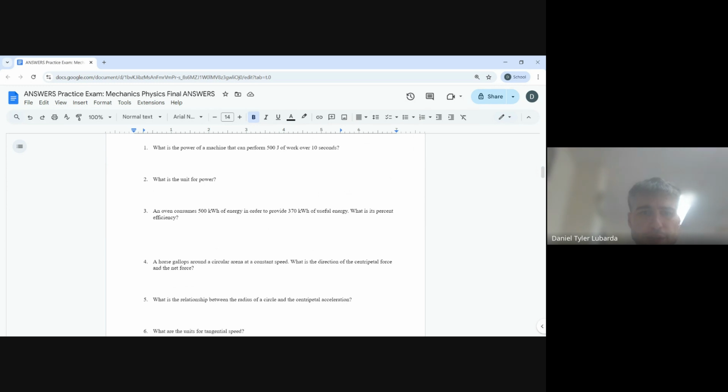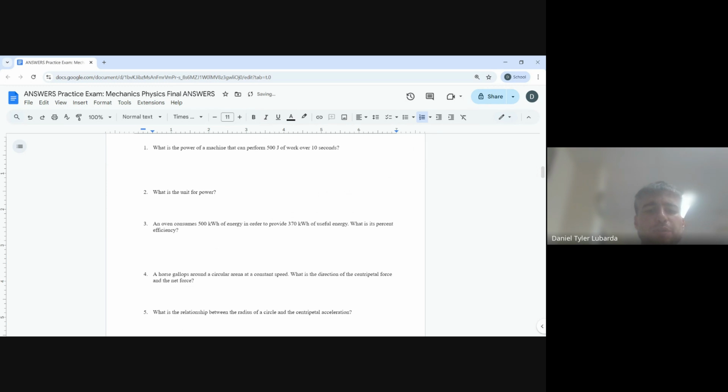Okay, let's get started. Number 1, what is the power of a machine that can perform 500 joules of work? Well, we want to get to watts, so we take 500 joules divided by 10 seconds, because power is the rate that we can do work, so it's work over time, giving us 50 watts.